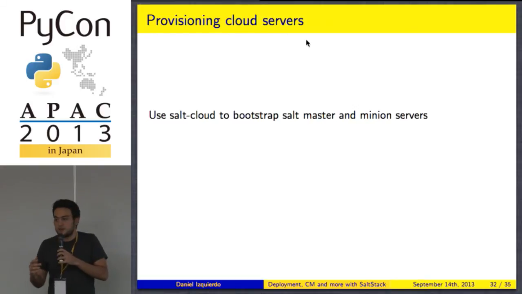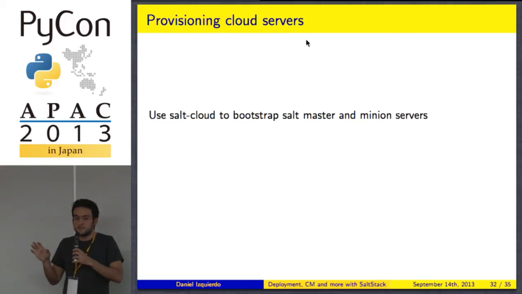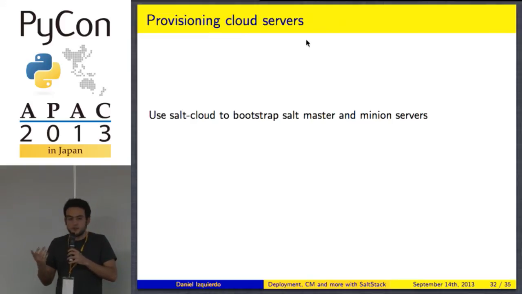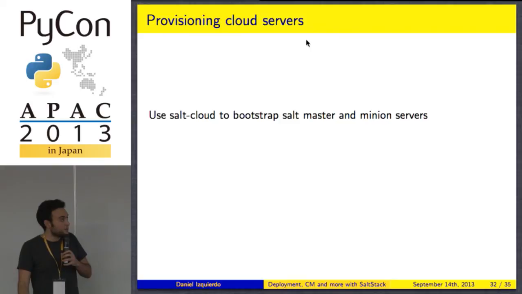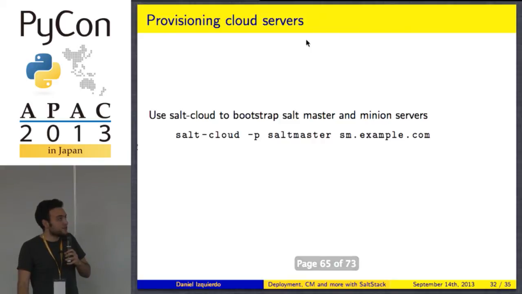Then when we were satisfied that we had a solid state tree that replicates our infrastructure needs in the correct way, we used Salt Cloud, which is an associated project of Salt, to bring up and provision servers in the cloud. Basically, you can bootstrap, for example, a Salt master in a single command like this.